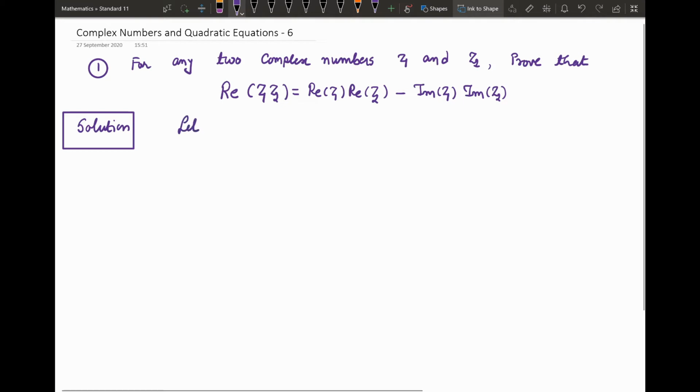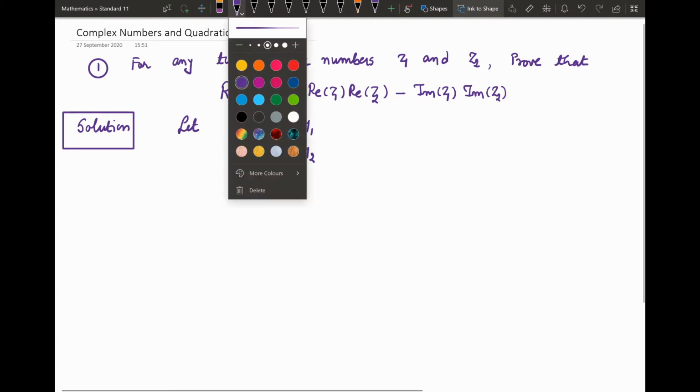So let Z1 equal to x1 plus iy1, Z2 equal to x2 plus iy2. We have supposed two complex numbers.